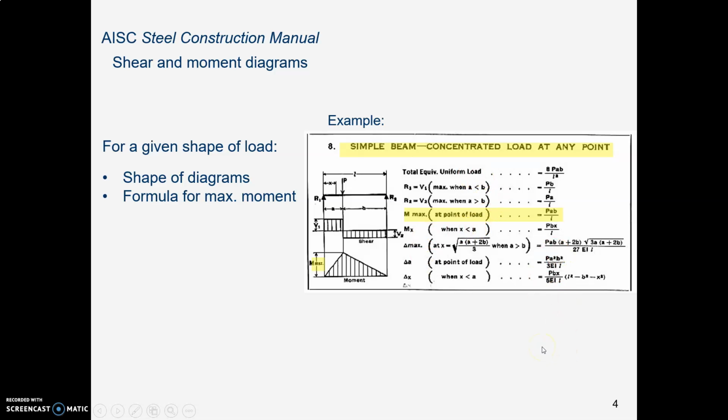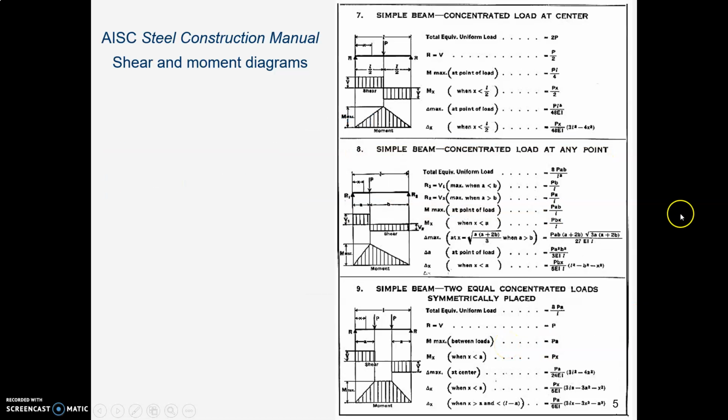And we'll look at that in just a second. So here's one with a simple beam with a support on each end and a load somewhere. Here are some more. Here's one simple beam with a load that happens to be smack in the center. So there's a simplified formula you can use.